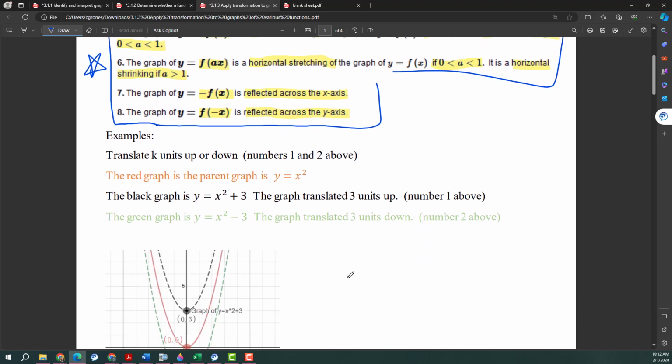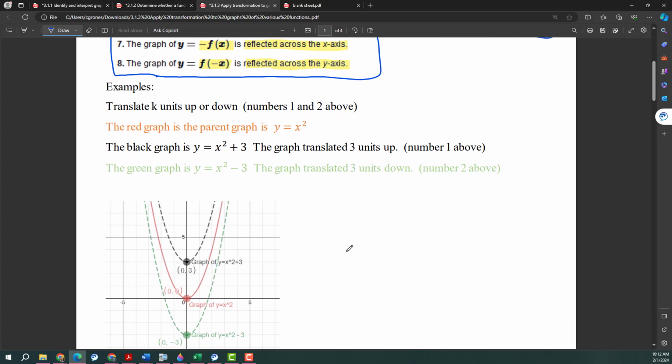All right, so we have some examples. They give us our parent graph, which in this case is y equals x squared, and our parent graph is on the origin. But we have some stuff that we're doing to it. The first one, we have our black graph, and it says y equals x squared plus 3.